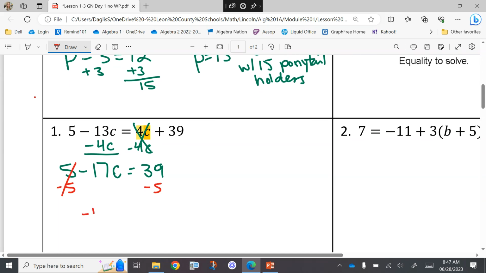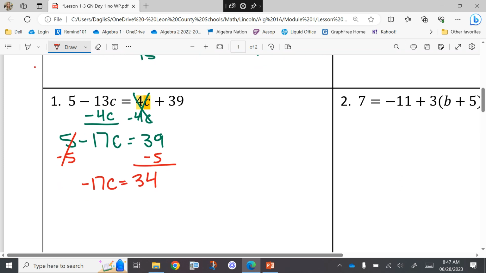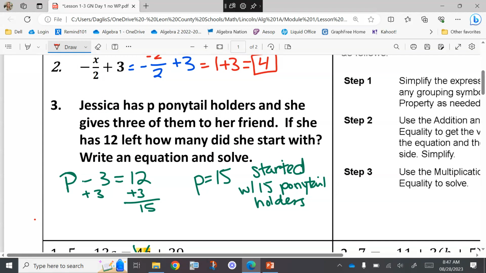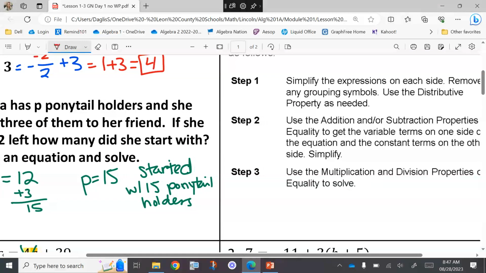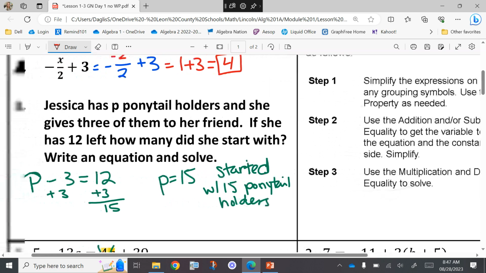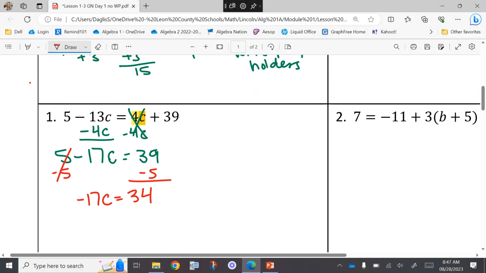So now we have negative 17c, that sign stays with it, is equal to 39 minus 5. Gives me 34. So when step 2 up here is talking about the addition or subtraction properties of equality, that's very fancy for add and subtract pieces to the other side. So that way we get just my variable equals just the number.